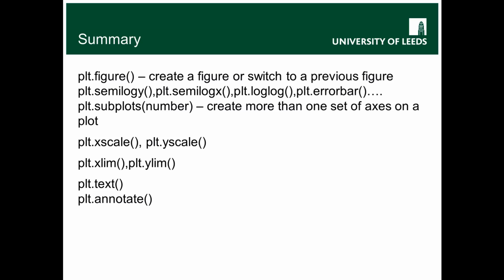I did plt.semilogy, semilogx, and loglog, and also plt.errorbar. I also did plt.subplot, singular, which creates more than one set of axes that you can plot on. Then xscale and yscale let you change whether you're scaling between linear and log after you've done the plot, and likewise xlim and ylim let you change the limits of the plotting for the x and y axes, and plt.text and plt.annotate let you start writing things over the top of your plot as well.